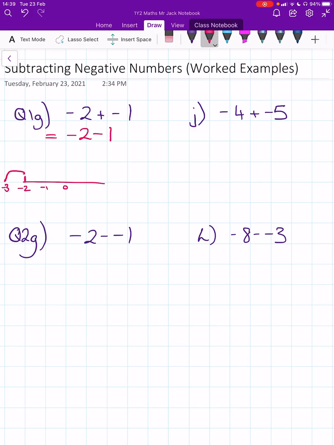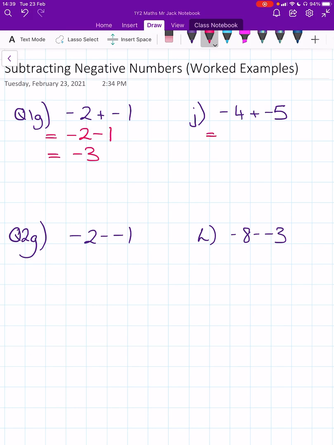And that's where we seem to be making mistakes. Because this question has -2 to start with, that's where you begin the calculation. So you start on -2 and you move one place in the negative direction because you're subtracting 1. So that's -3 is your final answer there.